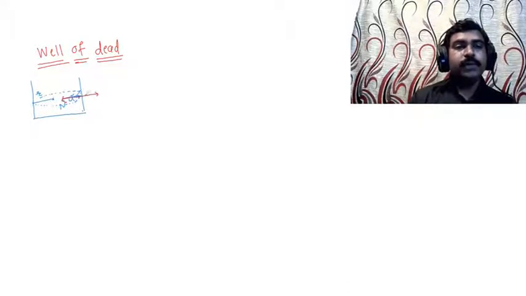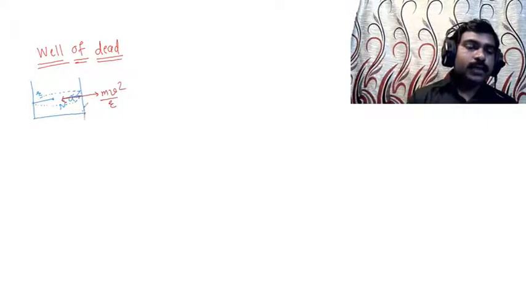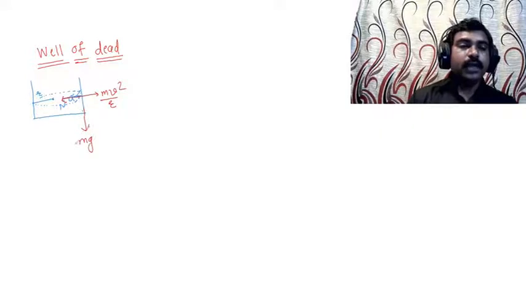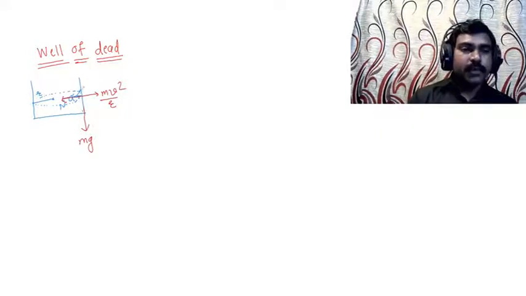The vehicle is moving along the wall in a circular path, so there must be a centripetal force, which is given by mv square by r. As usual, in the vertical downward direction his weight is acting, and if he is moving in the downward direction, then friction acts along the vertical direction.